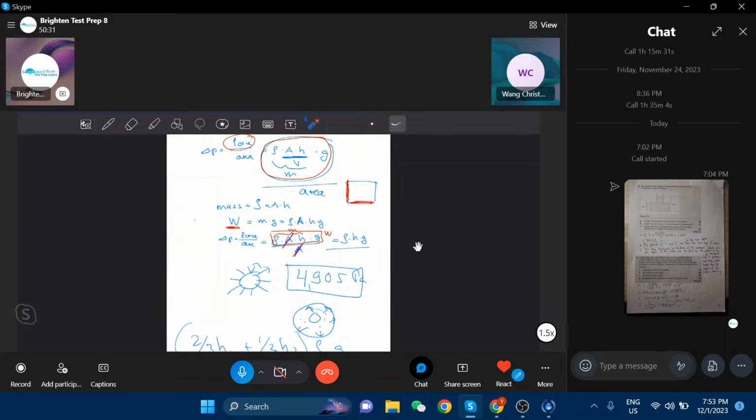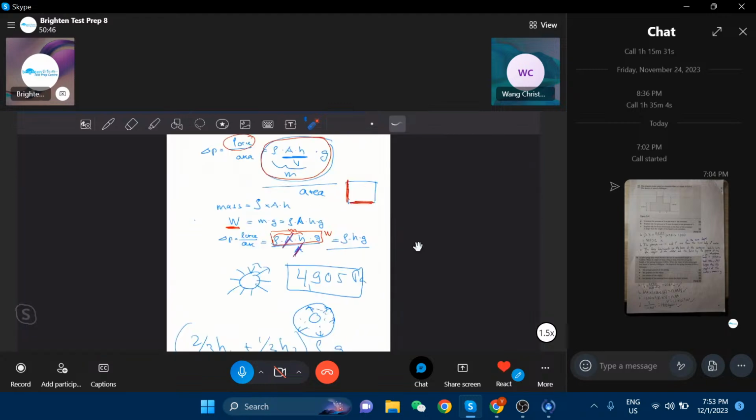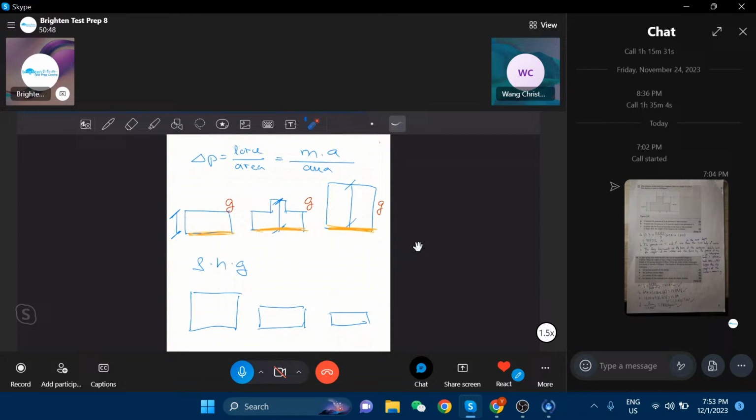But if you compare three different bodies, you have to say this is the same area for all of them. So when we look at our example, here must be the same area as this one, as this one.